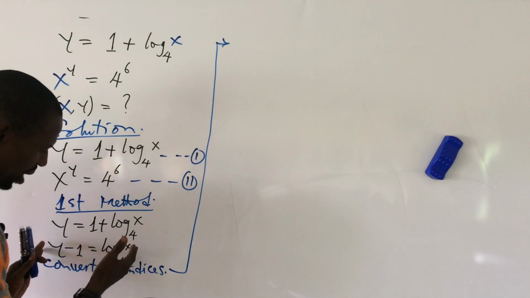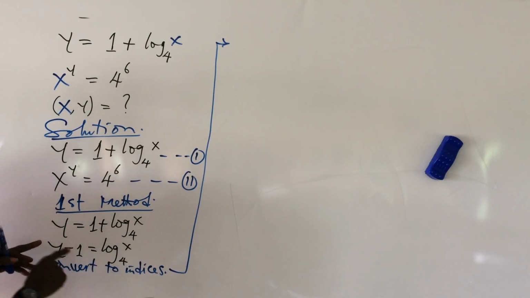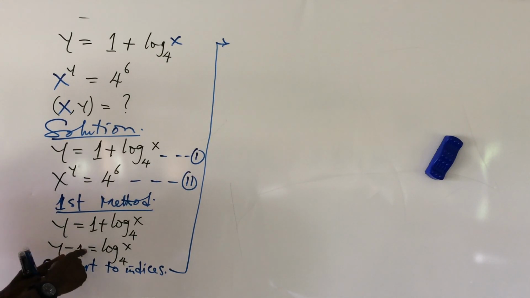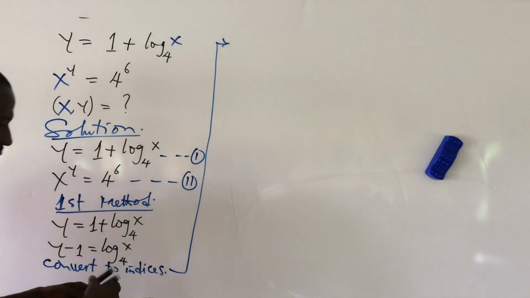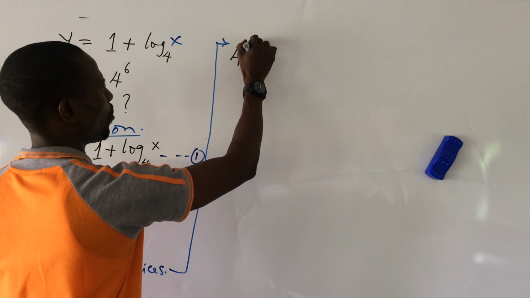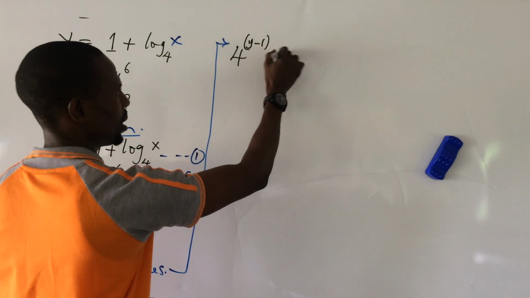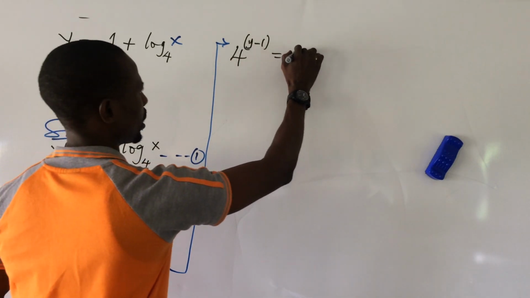The expression we have here now is the same thing as 4 to the power of y minus 1 equal to x.